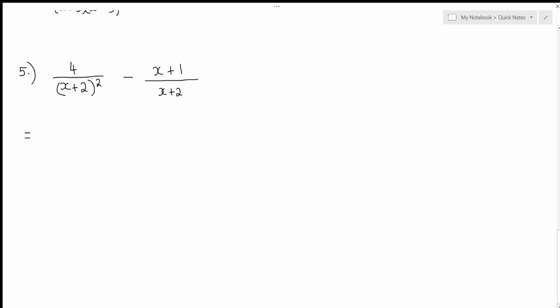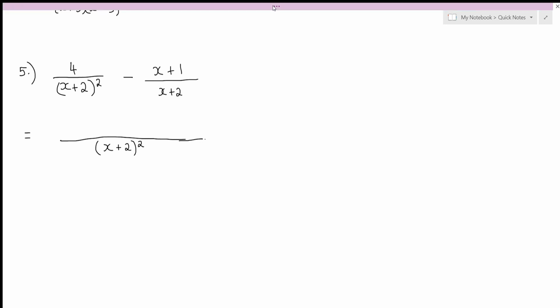So in the first term you have 2 lots of x plus 2, and in the second term you have 1 lot of x plus 2. So our lowest common denominator here is going to be x plus 2 all squared, right? So we follow the same procedure as the previous ones above. We go x plus 2 all squared times 1 will give me x plus 2 all squared.